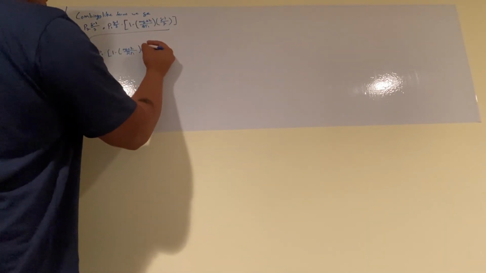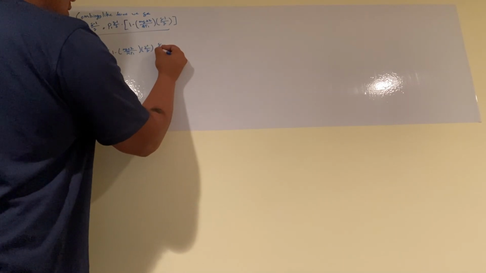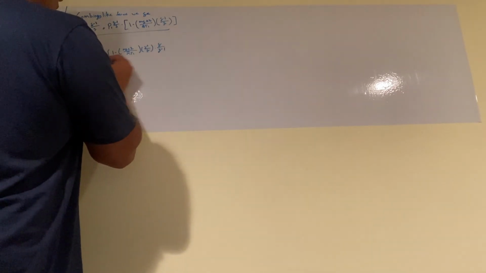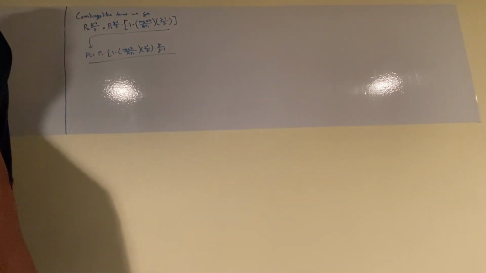We're going to divide it over, so it just flips sides. It becomes gamma over gamma minus 1. And there we have it. That's our pressure equation that we were solving for.